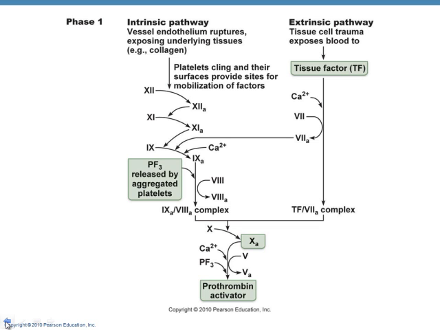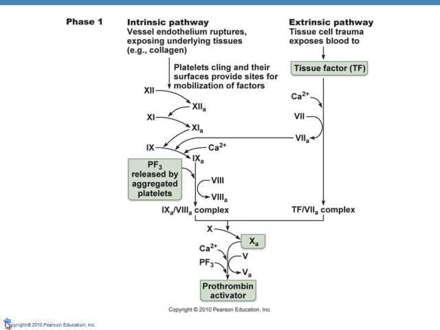So I'm not going to make you know all the stuff in between, but they both are going to lead to the formation of this. And this is where you have to start knowing this. Where am I going to find this diagram? Page 650, figure 17.14.